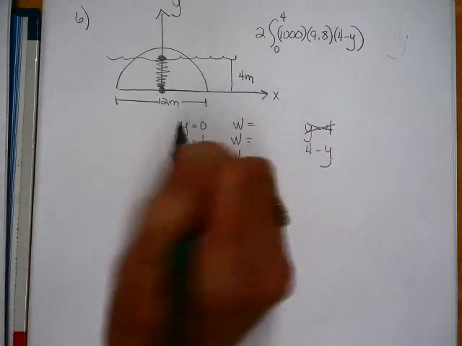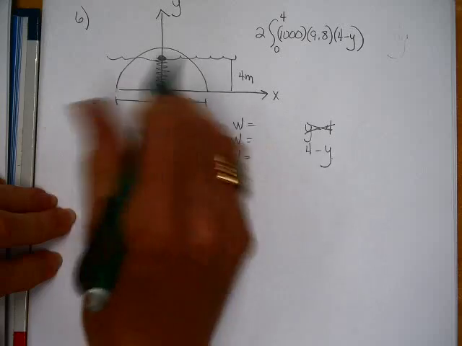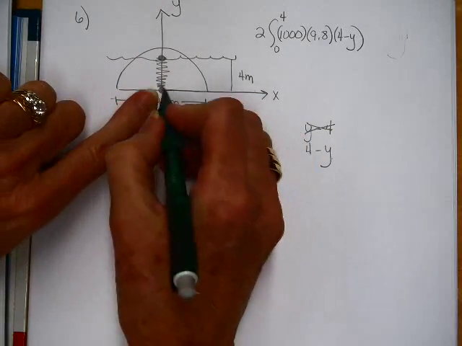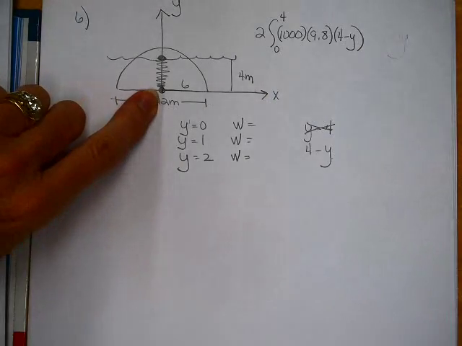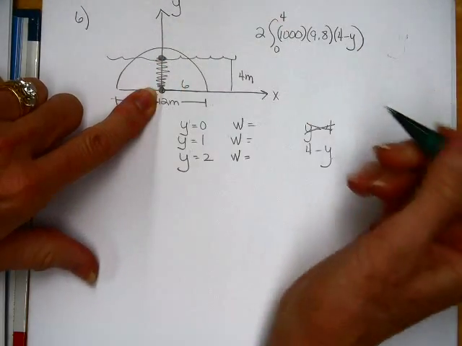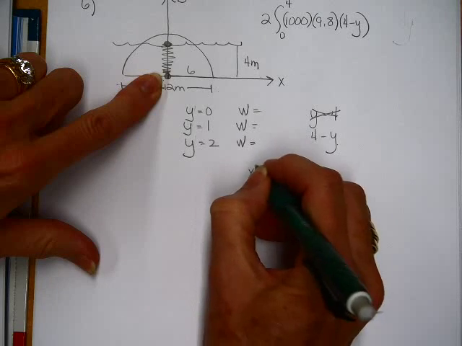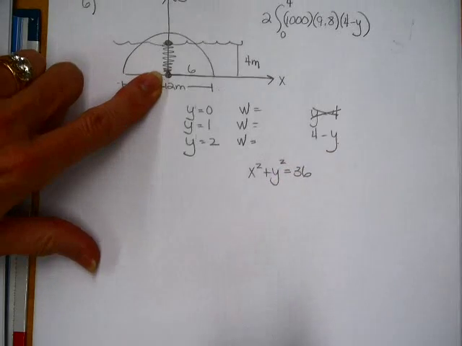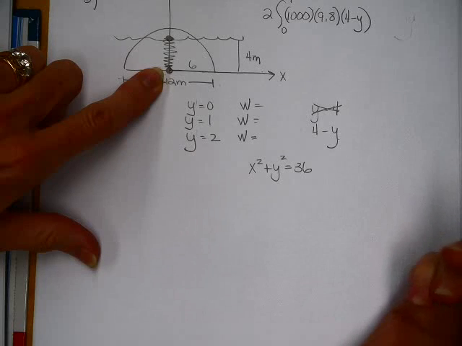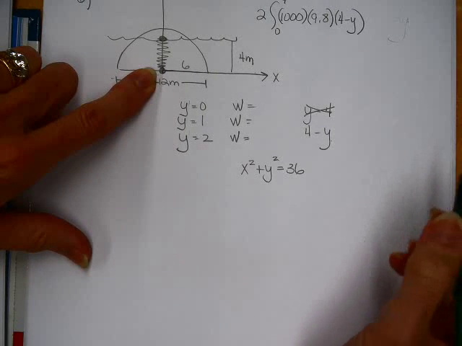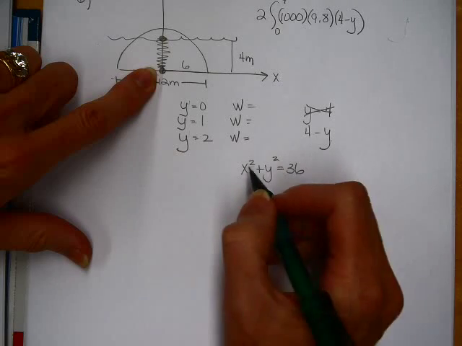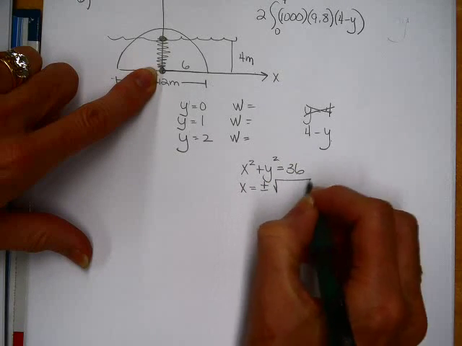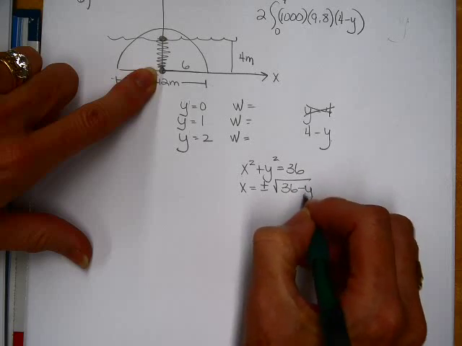All right, what is the radius of this circle? 6. All of this is 12, so this is 6. The radius of the circle is 6, so the equation of the circle is x squared plus y squared equals 36. Do you solve it for x or y? Solve it for x. So x is either plus or minus the square root of 36 minus y squared.